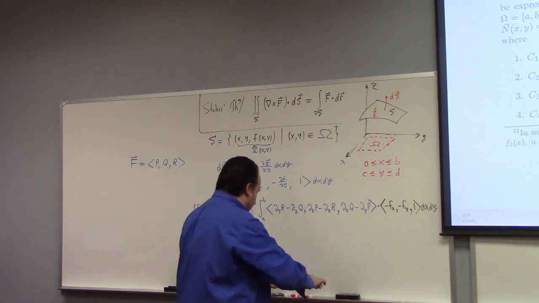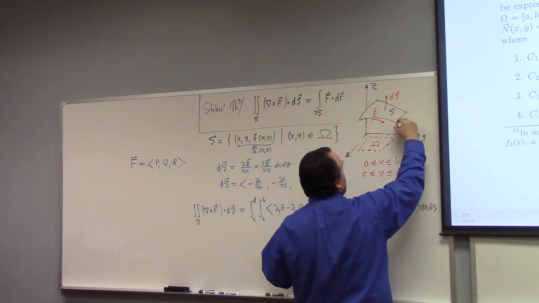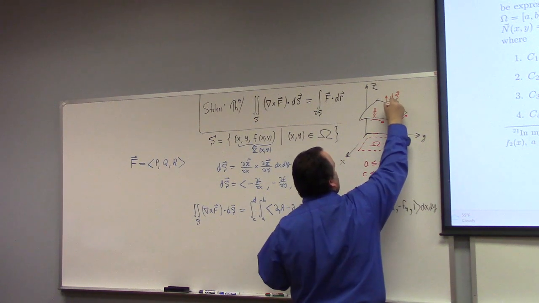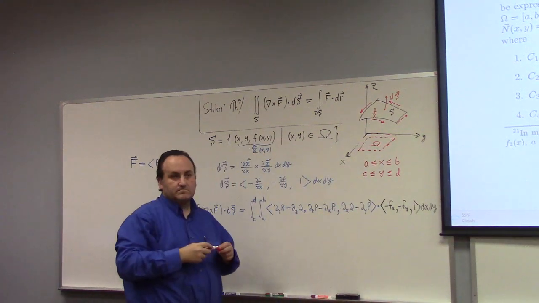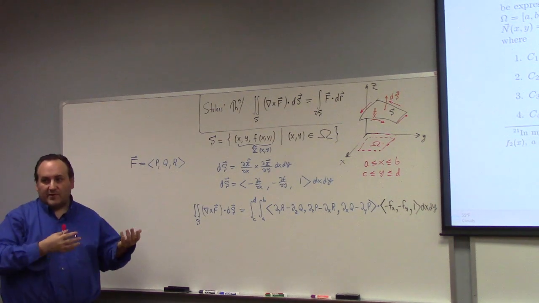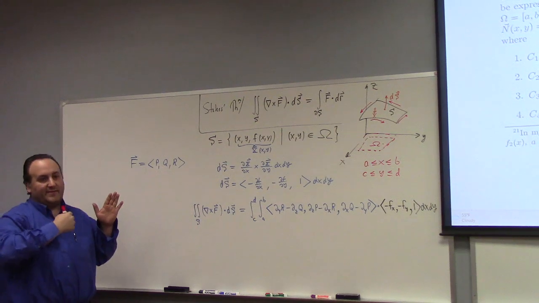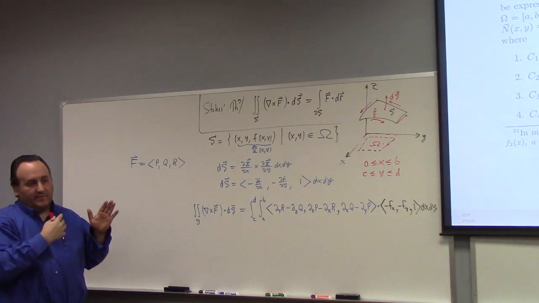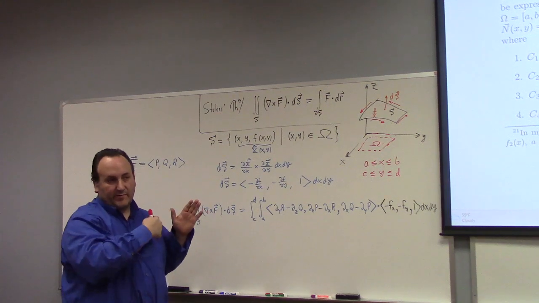Okay, so to draw the arrow, it goes like this, then it goes like that, and then back here it goes like this, and then like that again. All right? So the boundary of S has 4 curves in it, right? The front and the back curves have x fixed and y as a parameter.